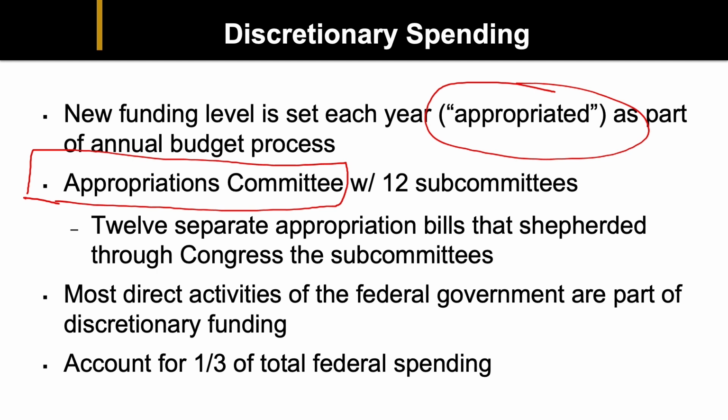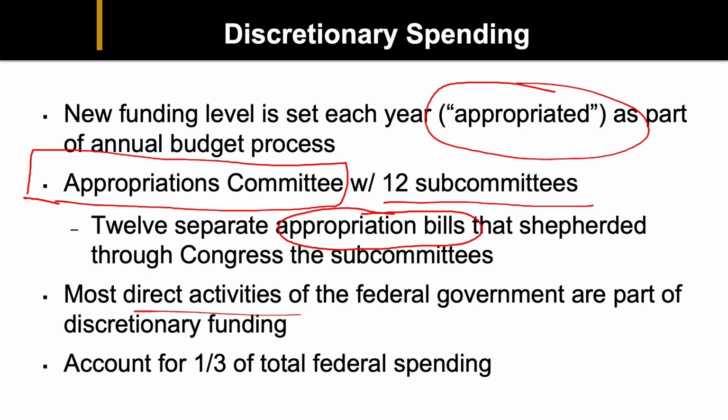And the appropriations committee has 12 subcommittees. And not coincidentally, each subcommittee has its own appropriations bill, and each subcommittee shepherds their bill through the subcommittees, through Congress as a whole, and tries to get a presidential signature on the law.